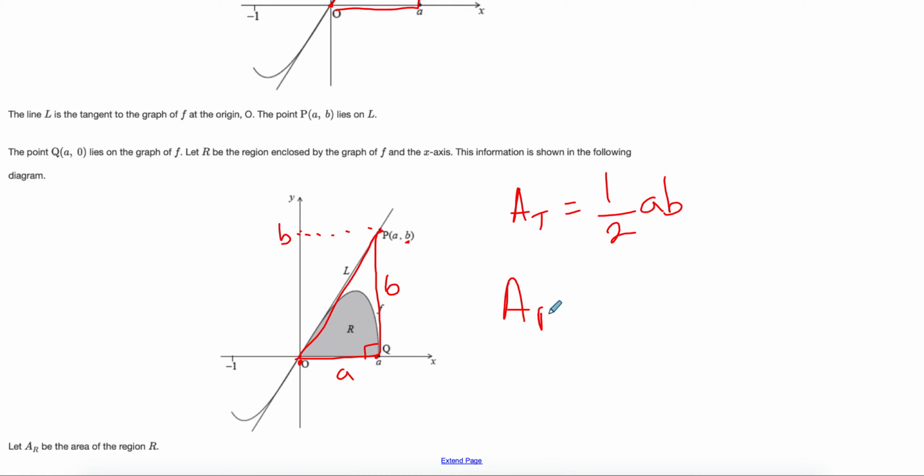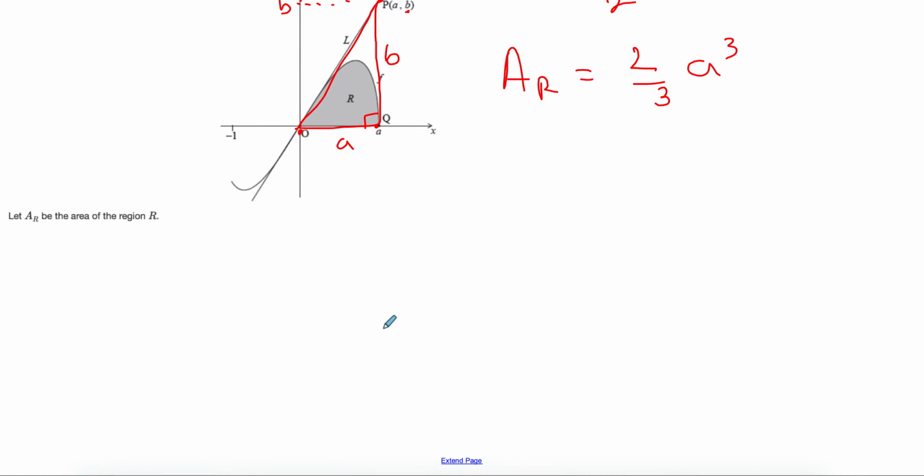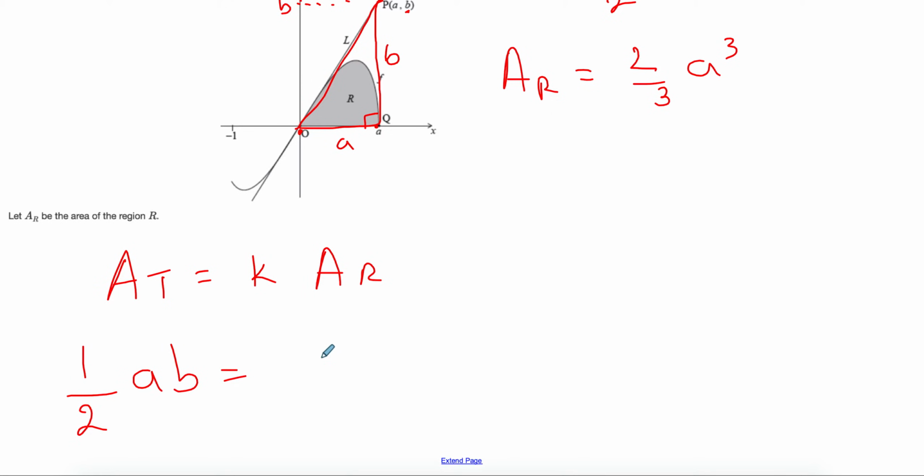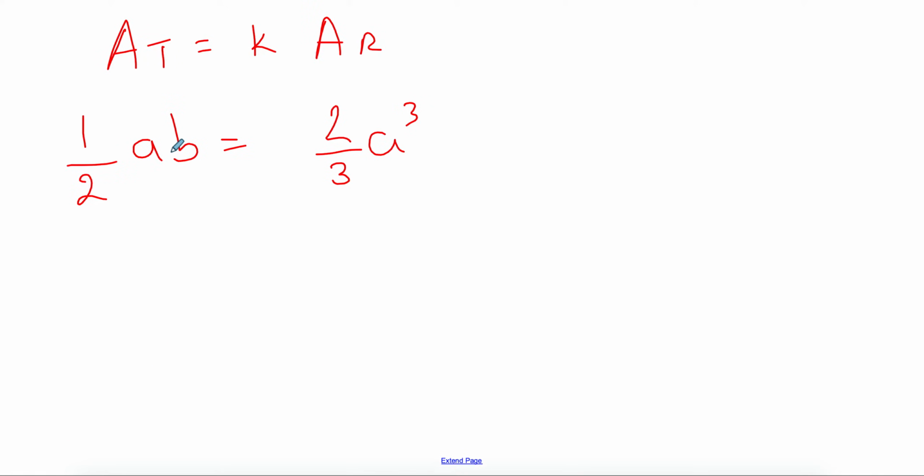And we know the area of AR is 2 over 3 A cubed. And I know that this can be found by multiplying this by a specific amount. So we know that AT is equal to KAR, and we're meant to find K. So half AB is equal to 2 over 3 A cubed, but here's the thing, times K.